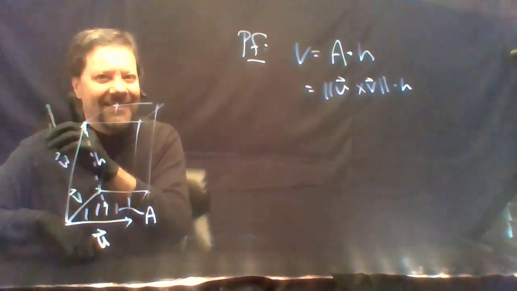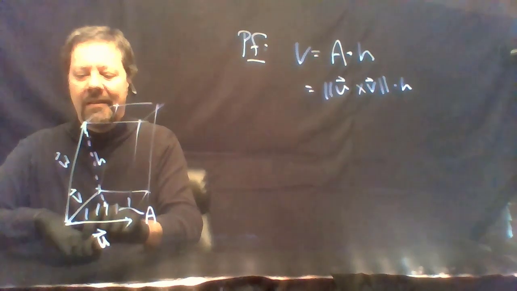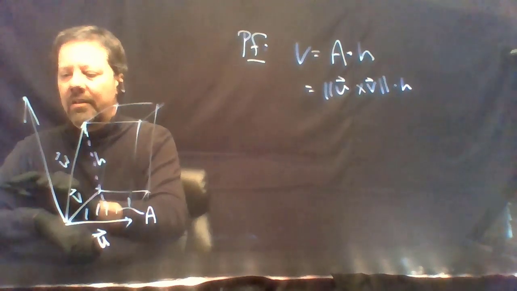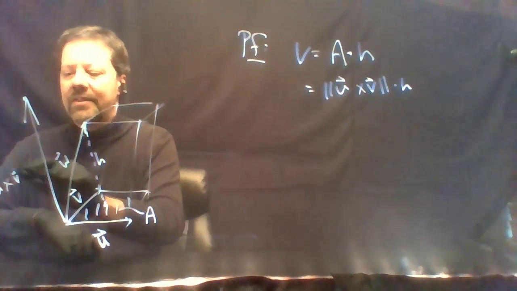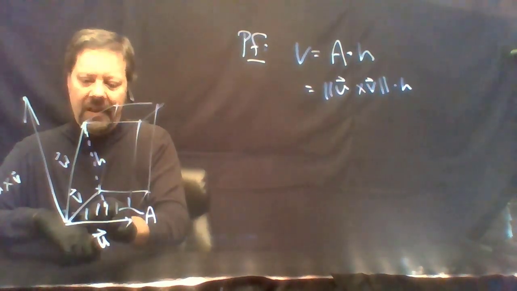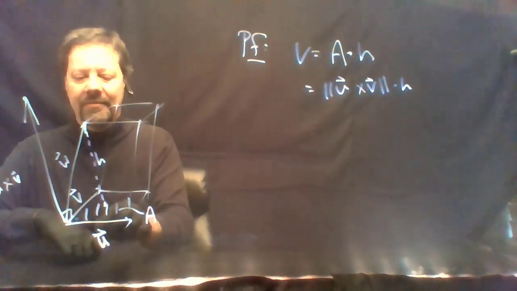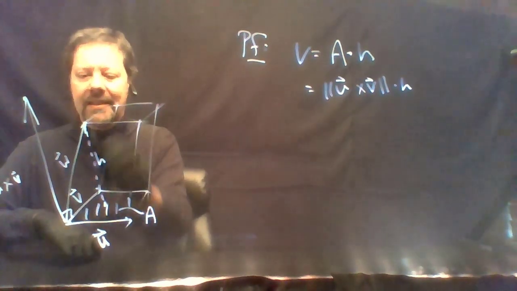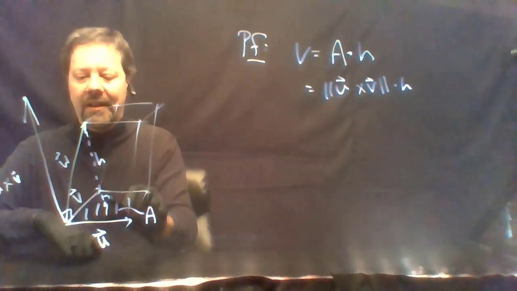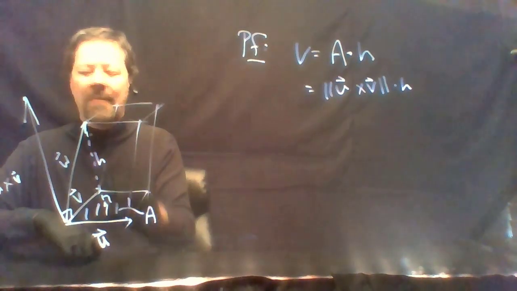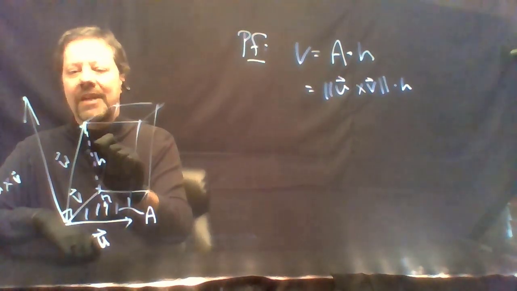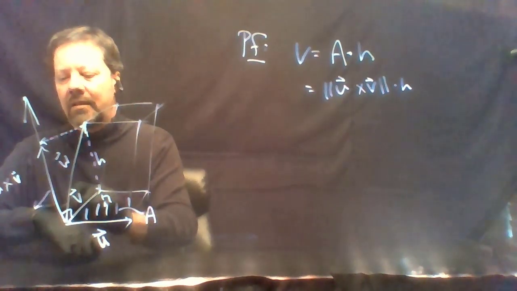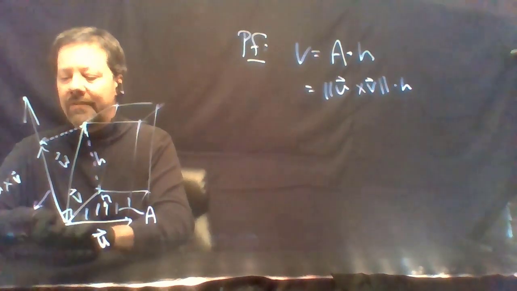Well, we do that a very sneaky way. Whatever u cross v is, u cross v is going to be poking out at a right angle to the plane containing u and v. In other words, it's parallel to this height over here, because it too is at a right angle to the plane. So what we can do is we can project w onto u cross v.